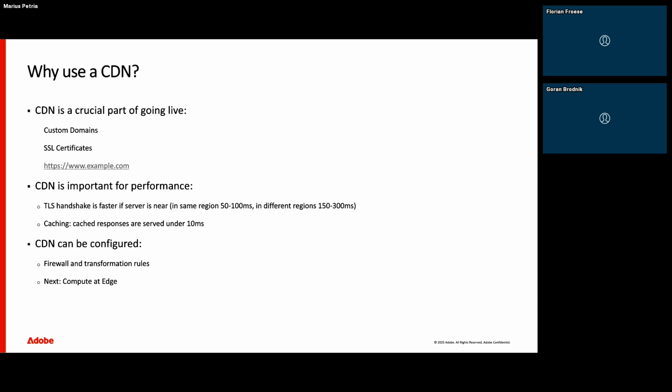It is important to host these certificates and custom domains in a CDN, because the TLS handshake for establishing a secure connection is very influenced by the distance between the browser and the server. So it's a lot faster if the servers are closer to the actual clients. It's a couple of hundreds of milliseconds faster.